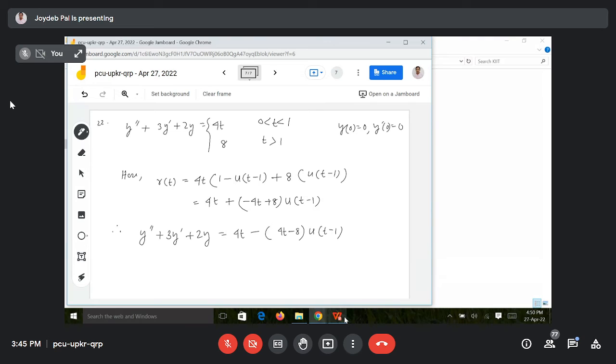Then as usual you take Laplace transform. So Laplace transform of y'' plus 3 into Laplace transform of y' plus 2 into Laplace transform of y is equal to Laplace transform of 4t minus Laplace transform of (4t minus 8) u(t minus 1).